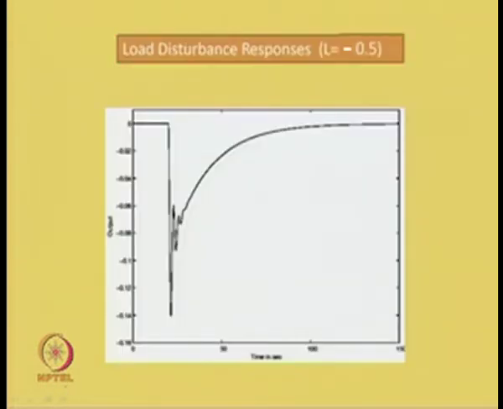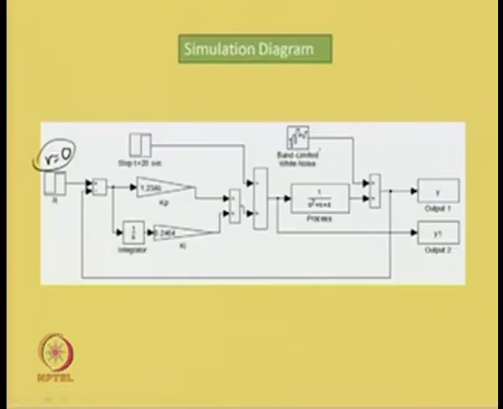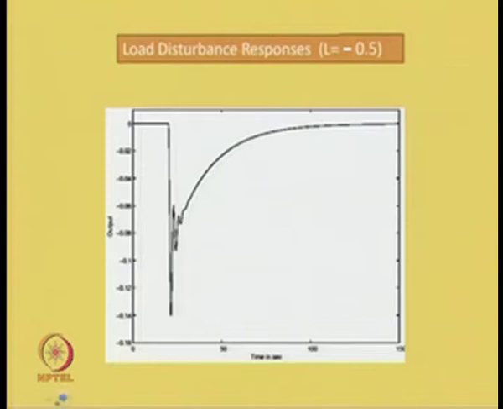So, when the system is not subjected to band limited white noise, but is subjected to a static load disturbance of magnitude minus 0.5, which occurs at time t equal to 20 seconds, the response is shown over here.